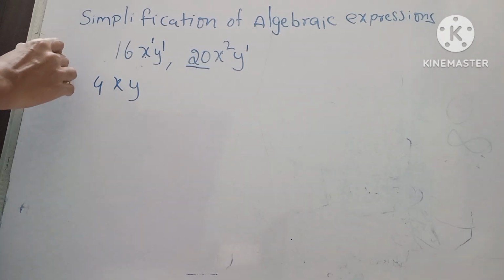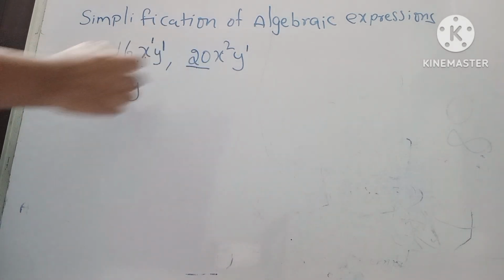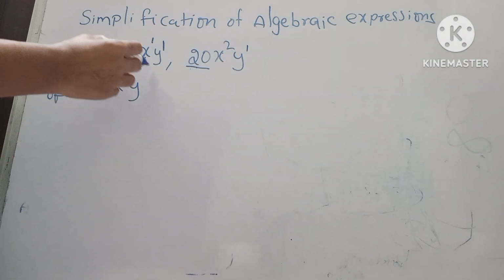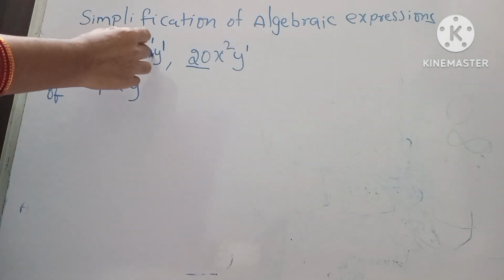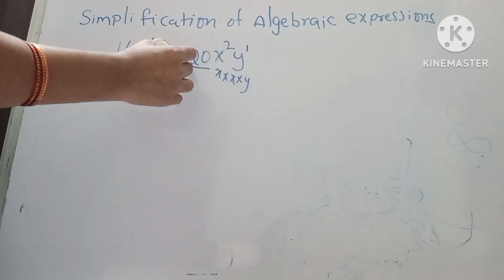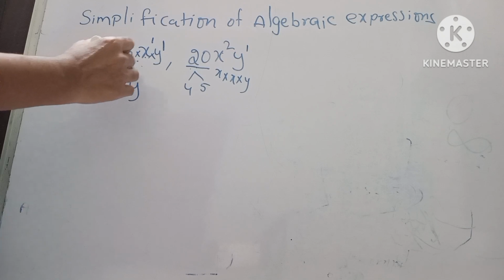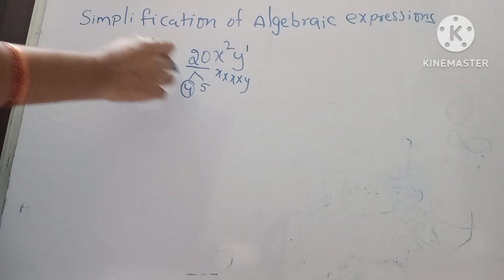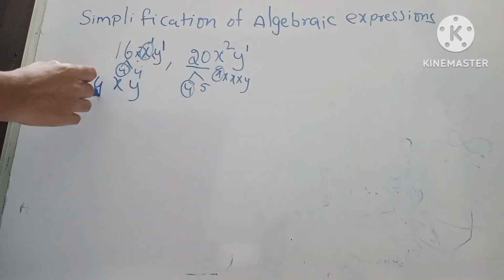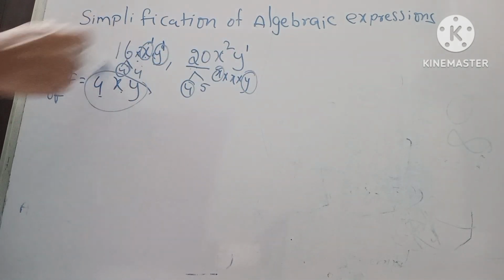This is the HCF of 16xy and 20x²y. సో ఇలా common factors: 20 అంటే 4 5s are 20, 16 అంటే 4 4s are 16. 4 is common, x is common, so 4x. y is also common. So 4xy is the HCF of both the terms.